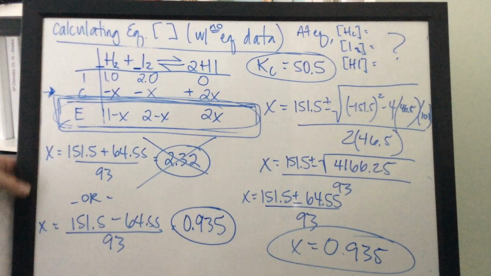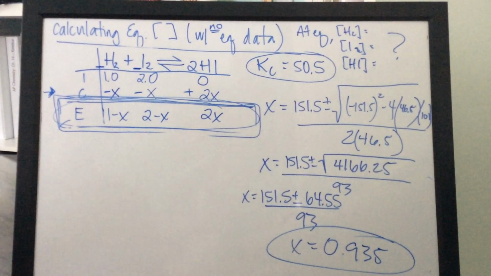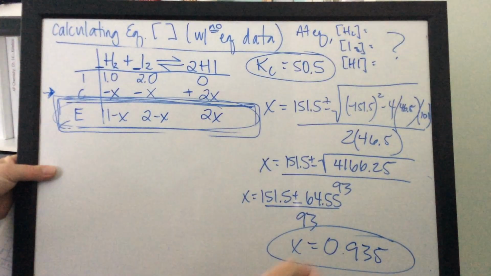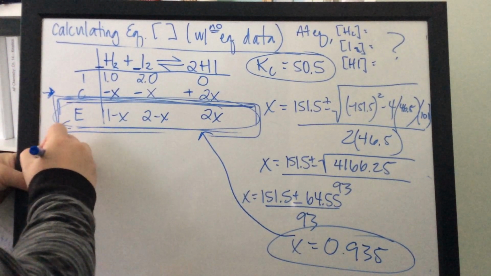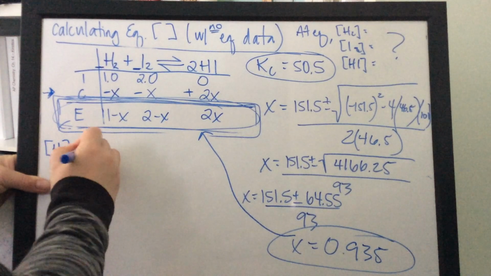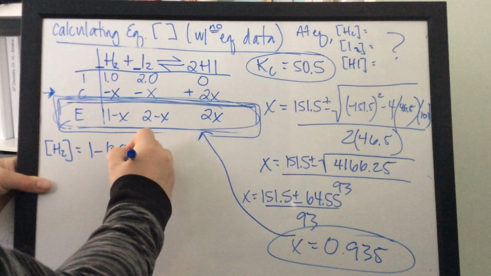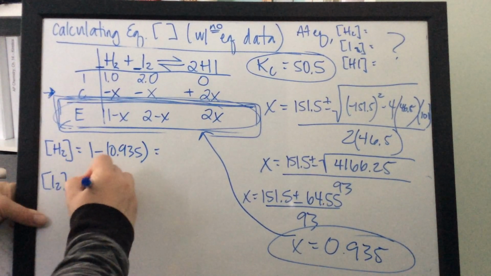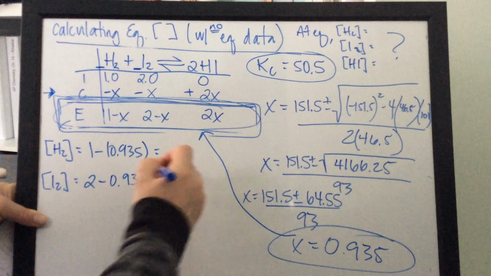Just writing that on my paper, I have not answered the question, because remember, I was trying to find these 3 equilibrium concentrations, but all I have to do is take this value of x and plug it in. The concentration of H2 at equilibrium would be 1 minus the value of x, which is 0.935. The concentration of I2 at equilibrium would be 2 minus the value of x, which is the same thing, 0.935.